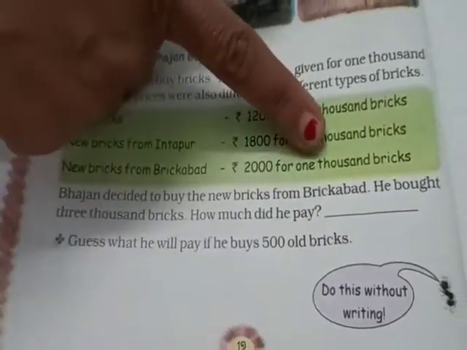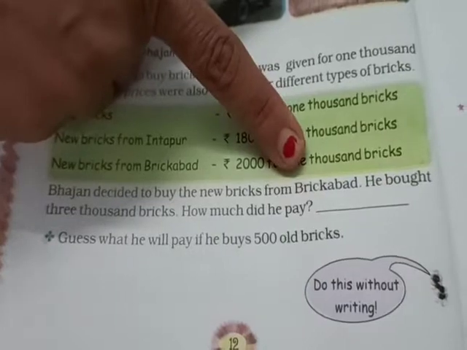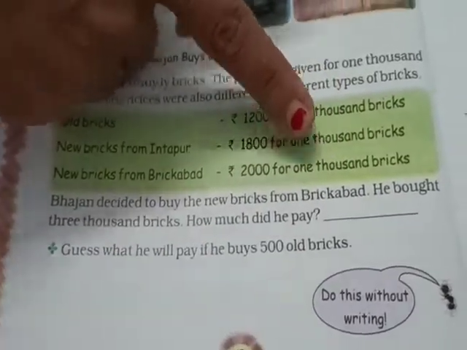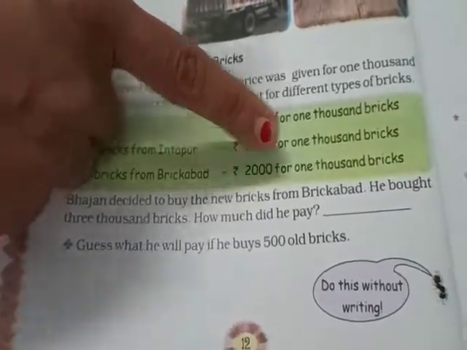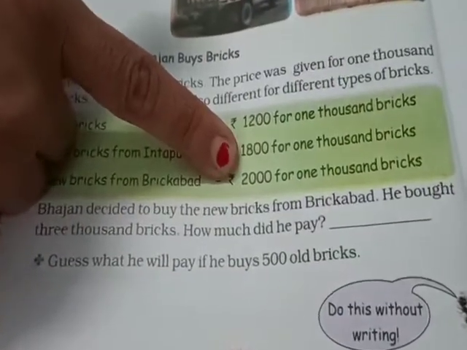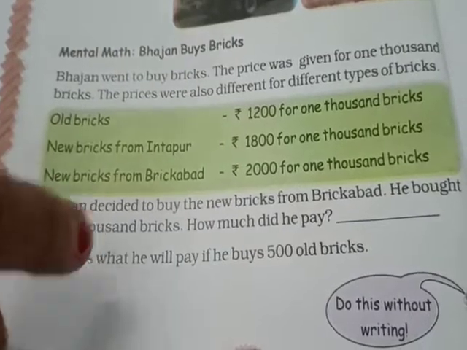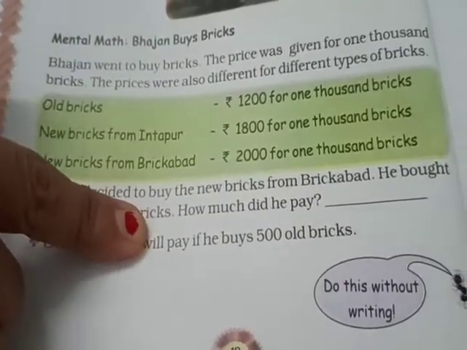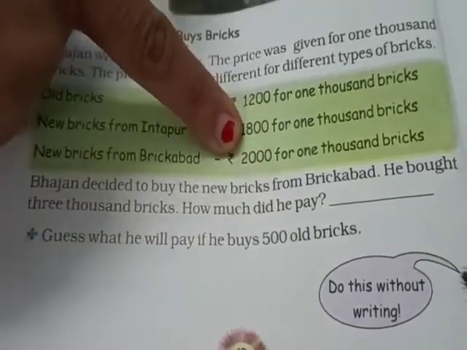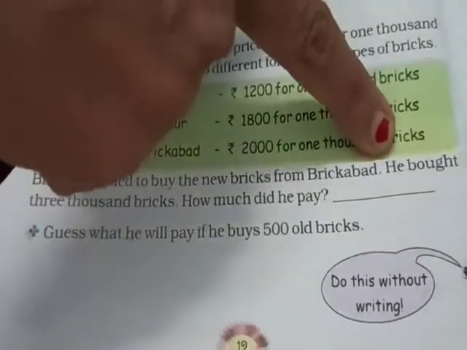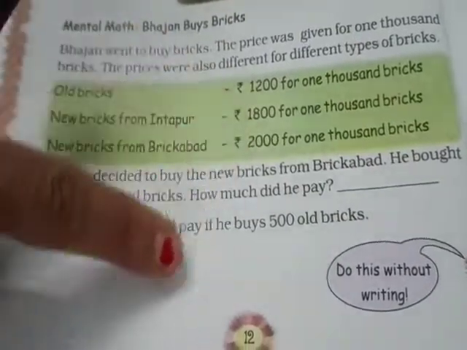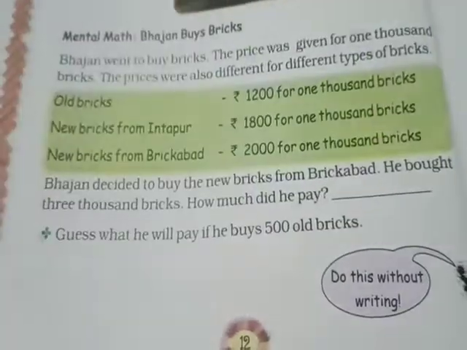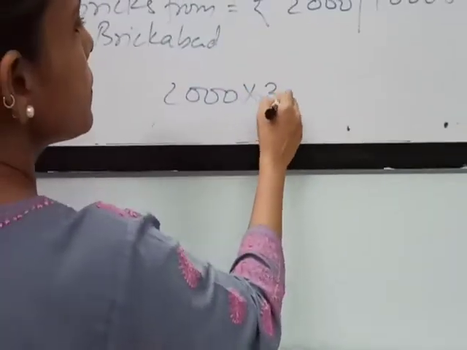So the cost is given for 1,000, right? For 1,000 bricks it costs 2,000 rupees, and you have to find out the cost of 3,000 bricks. It is mental maths, just calculate. So 1,000 bricks for 2,000 rupees, right? For 3,000 bricks how much? Yes, 2,000 into 3.